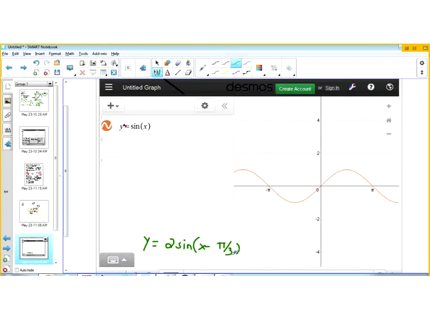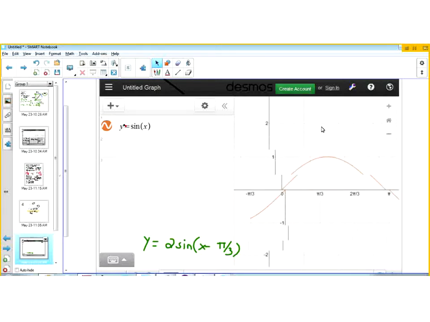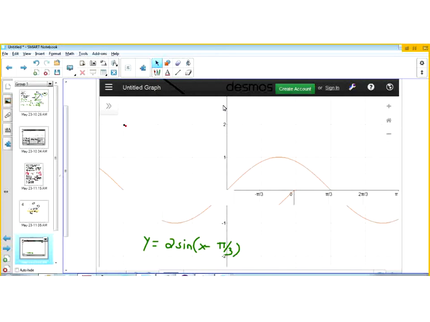Okay, so the first thing you want to do in sketching this function is you simply want to take the sine function and shift it to the right π/3 radians. So perhaps if I zoomed in. Okay, so there we go. So here's the sine function, and we want to take it and shift it.